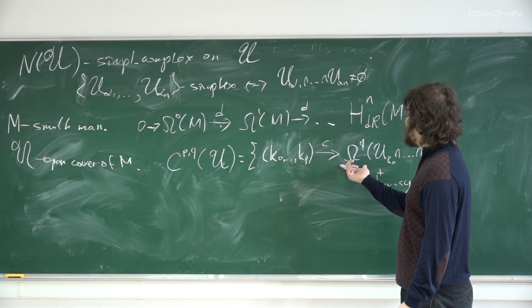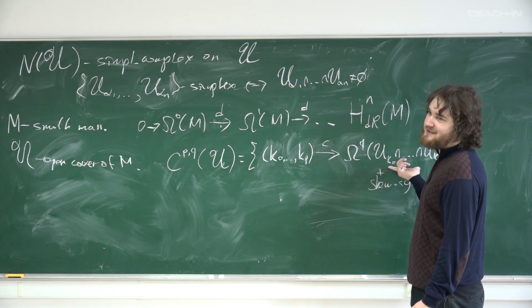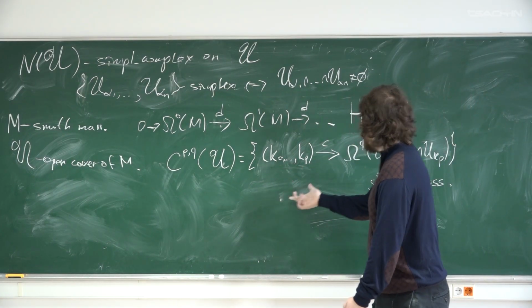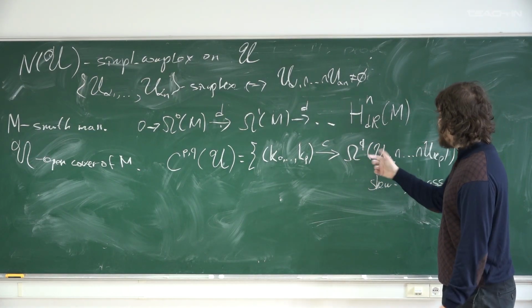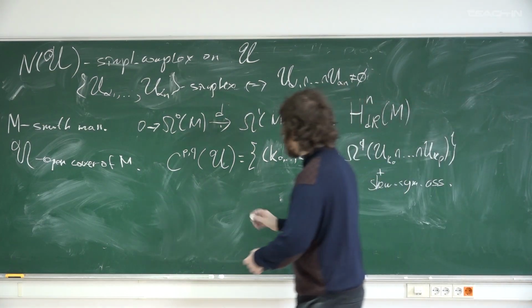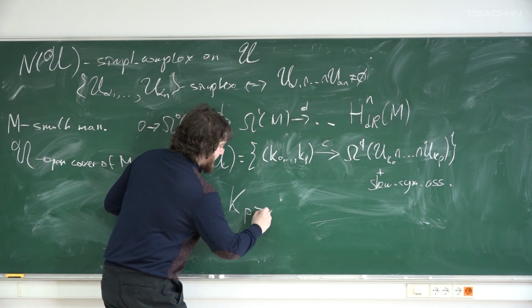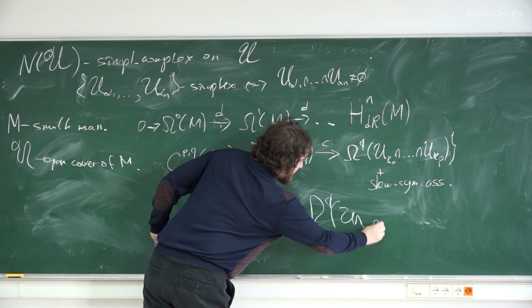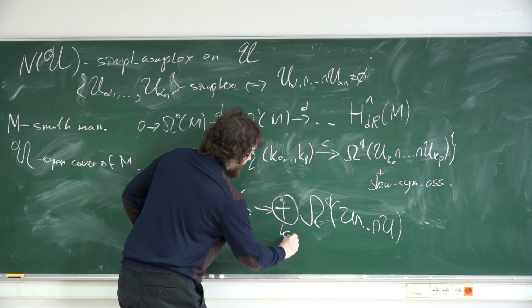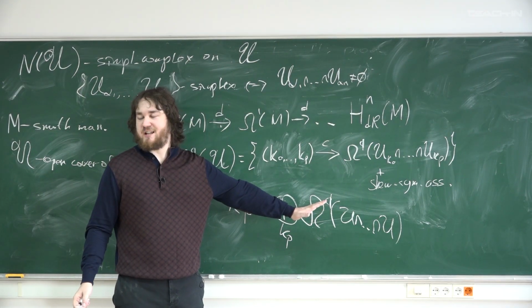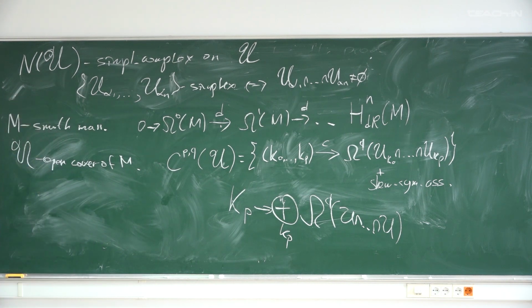It takes values in different forms on different subsets. So in fact, it's something like K_p to the direct sum of Omega^q of all intersections over all K_p, such that a simplex takes values in the corresponding direct summand. Something like this, formally speaking.